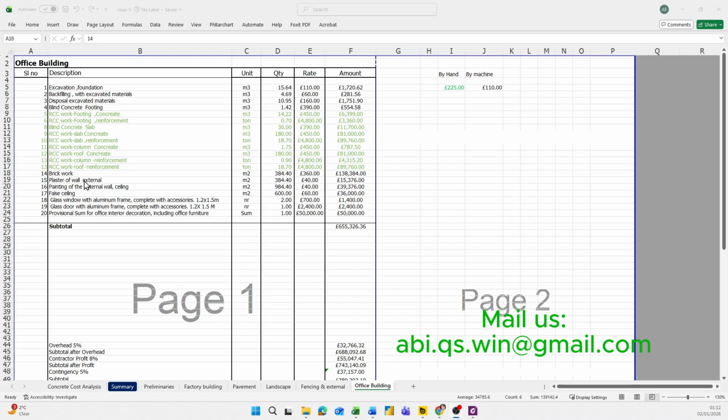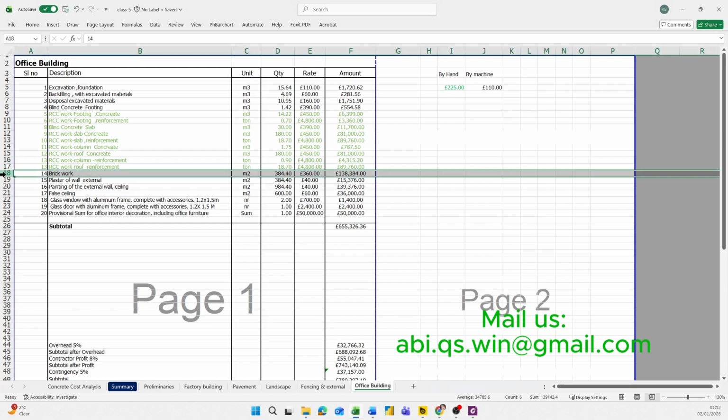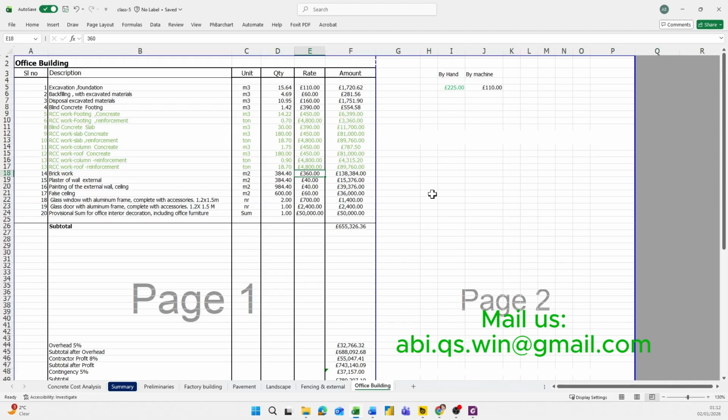Let's discuss the brickwork unit price cost. My unit price is 360. Similar to the concrete work, spoon price, BCIC price, and my historical data are priced at less than 300 because the data is from before 2023.